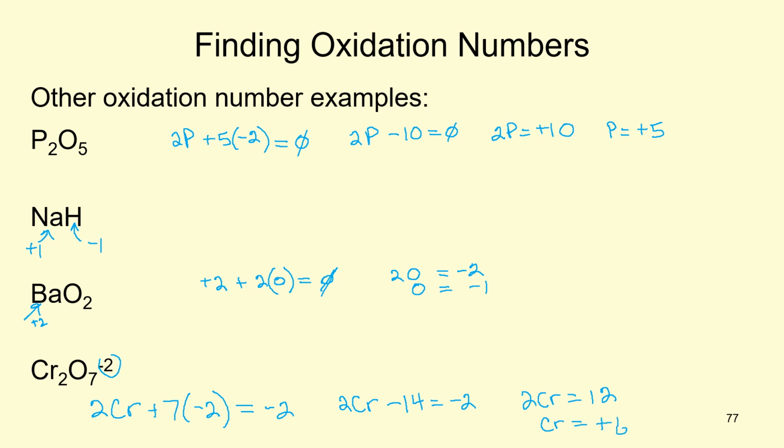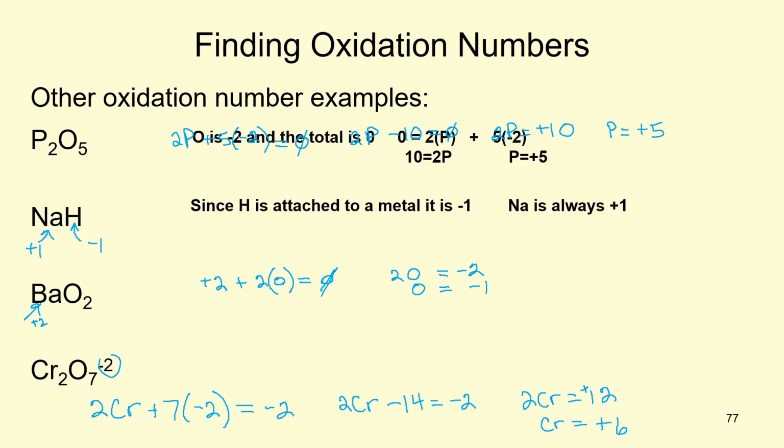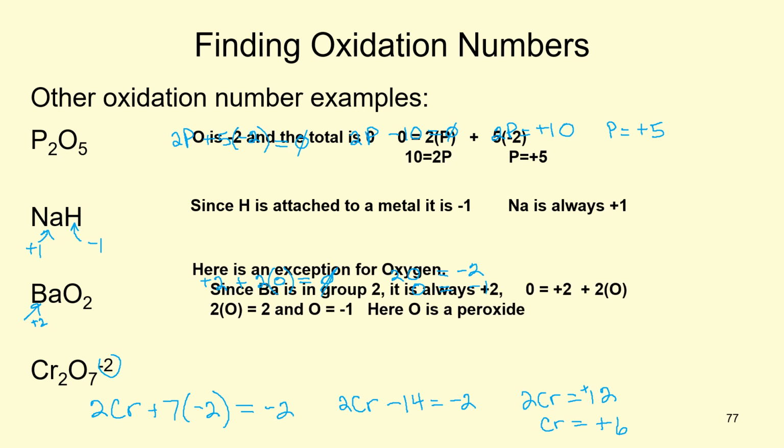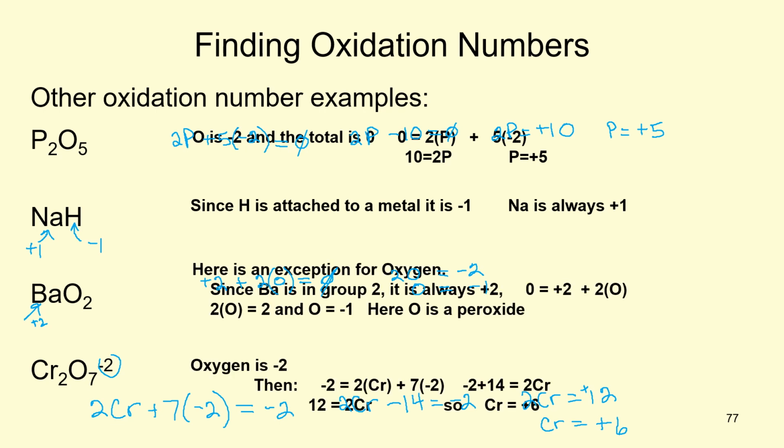So each chromium is +6. We do generally, even if it's positive, I wouldn't count it wrong, but generally for oxidation numbers we put if they're positive or negative. So again, this is just what I just went over. And so that's some examples.